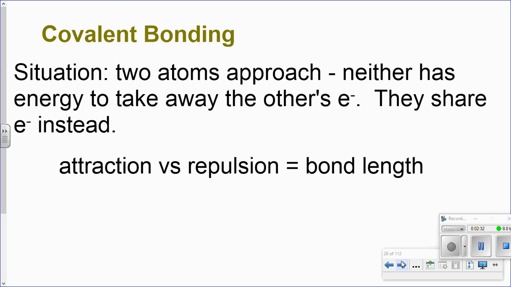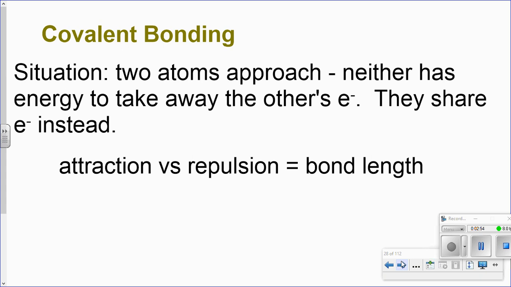So the situation with covalent bonding, let's go back to the collision theory. Again, two atoms have to approach each other, but in this case with covalent bonding, they don't have enough energy to take away electrons from each other, so they're going to share instead. And now we have this idea behind attraction versus repulsion.